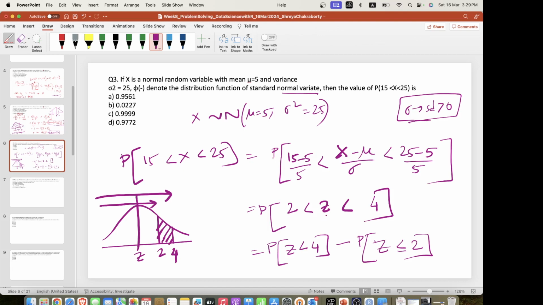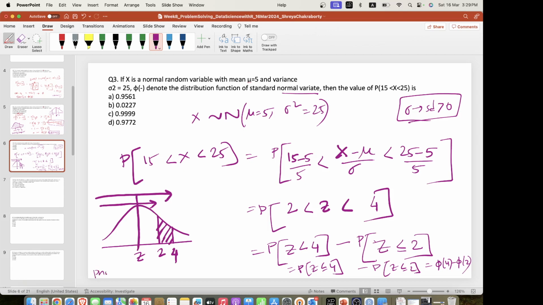This is true for any variable, be it discrete or continuous. Since Z is a continuous variable, probability Z less than 4 is the same as probability Z less than or equal to 4, because the point probabilities are 0. So we can write this as probability Z less than or equal to 4 minus probability Z less than or equal to 2, which is phi 4 minus phi 2.